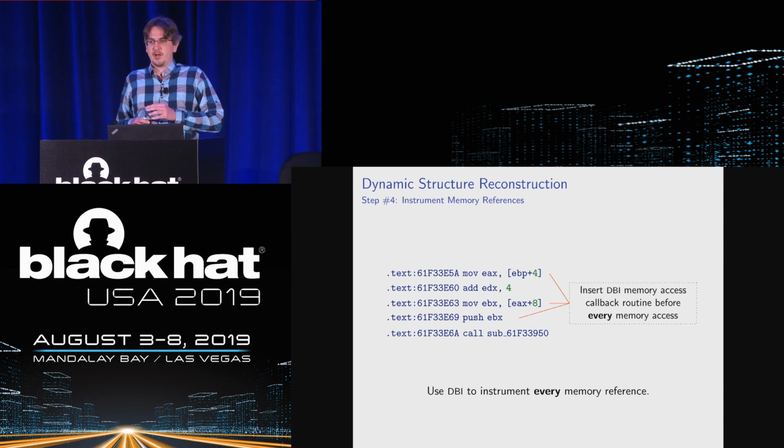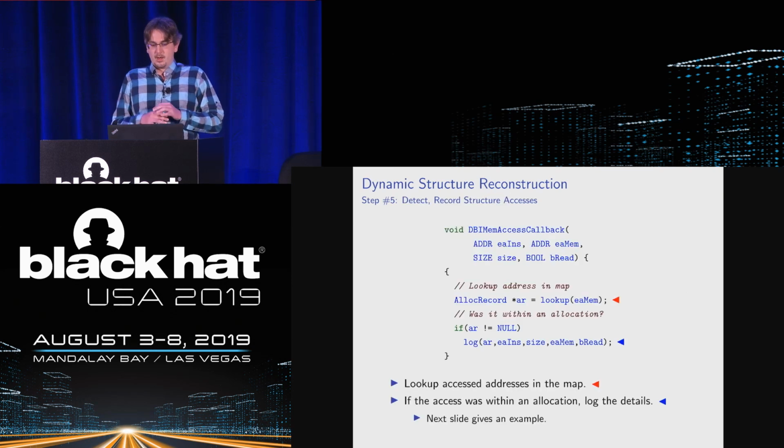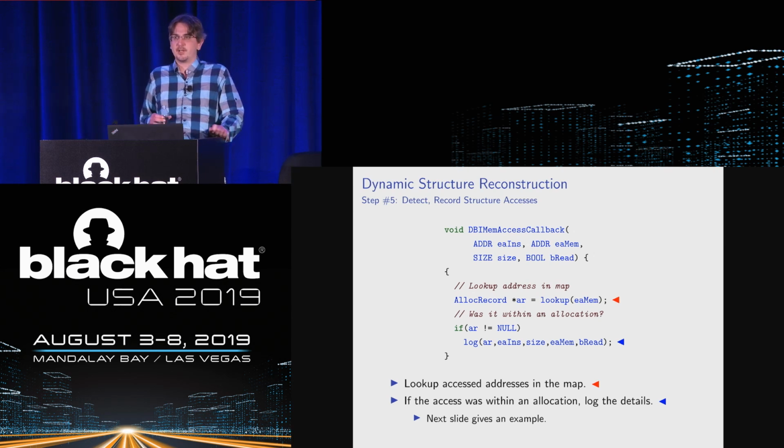So via DBI, we are going to insert callback routines on every memory access. The callback routine is going to be given the address that is to be accessed by the memory access. It's going to take that and look it up within the map that we keep the allocation metadata in. And if we find the address within one of the allocation records, that means we have just discovered a memory access to one of the dynamically allocated memory regions.